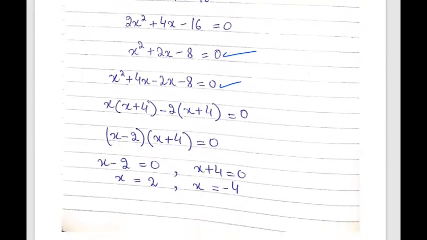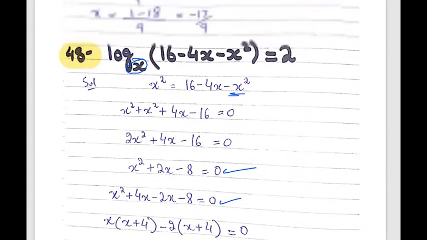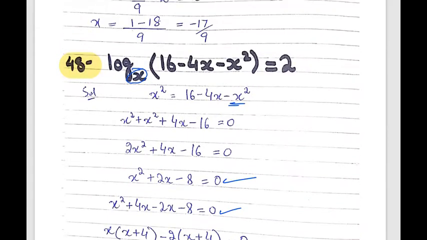and minus 4. Now we have to check whether both values of x satisfy the given equation or not. We just put the value of x over here, here, and here, and check and convert it into exponential form and check whether this value of x satisfies the given equation or not.